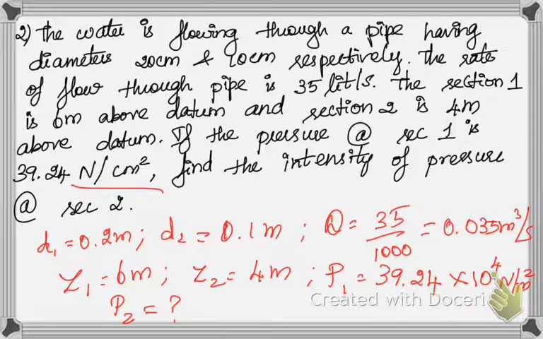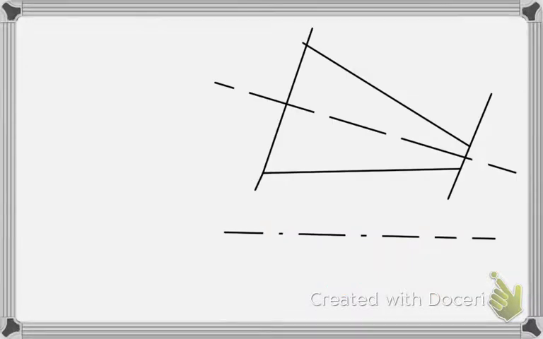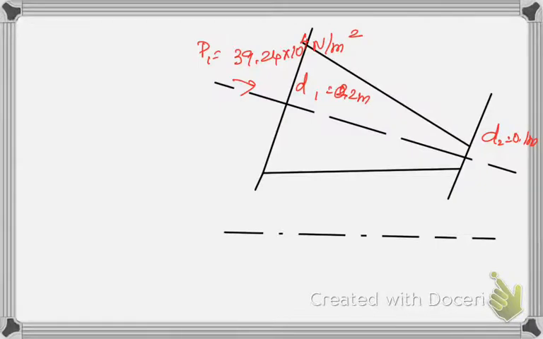Now I have to draw a diagram. So if you see, I have drawn a diagram. This is going to be my D1. D1 is 0.2 meter and D2 is equal to 0.1 meter, and pressure is given here. So P1 is equal to 39.24 × 10^4 Newton per meter square, and this line will be my datum line.